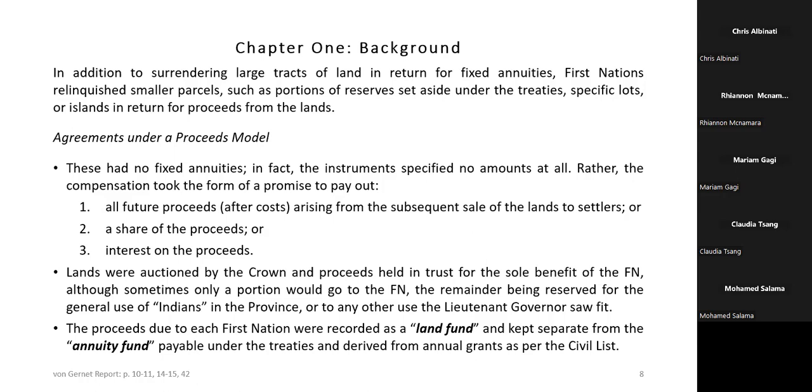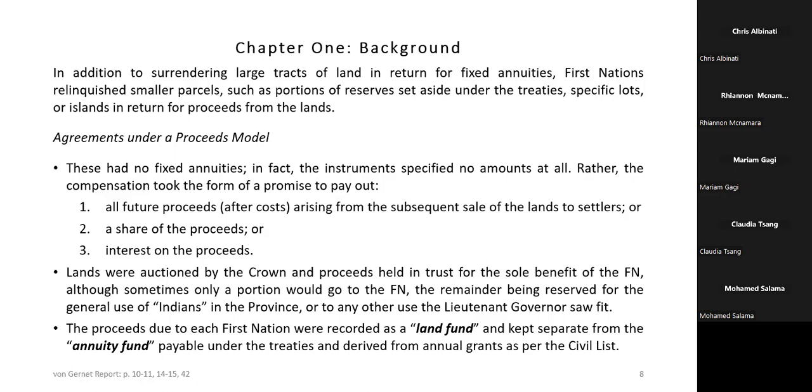The promise is the Crown gets the lands, and the Crown then promises all the future proceeds after the costs, so the net proceeds arising from the sale of those lands to settlers, or a share of those proceeds in defined amounts that are defined in the instrument, or the interest on the proceeds.